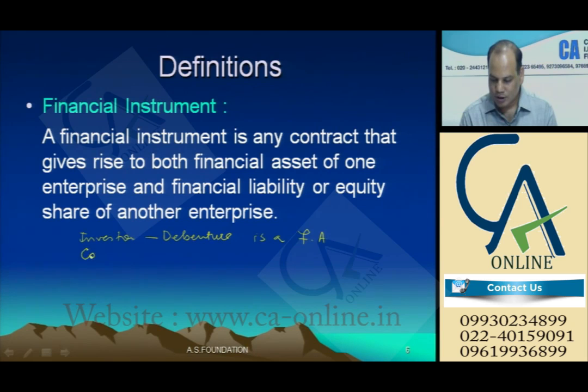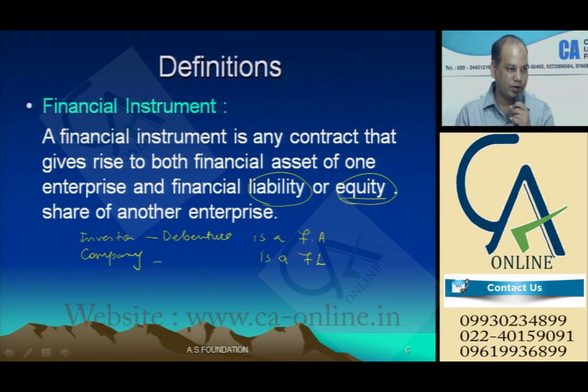For the company, the issuing company, debenture is a financial liability. Next example, equity share. For the investor, equity share is a financial asset. For the company which has issued equity share, it is an equity. It can be a financial liability or equity of the other enterprise.